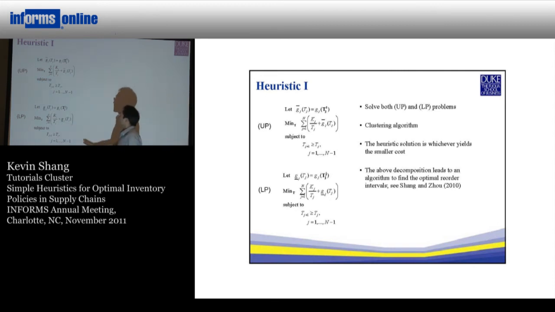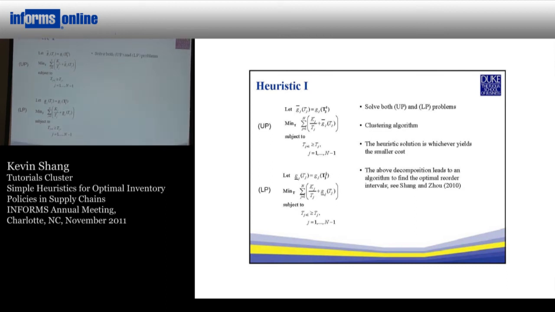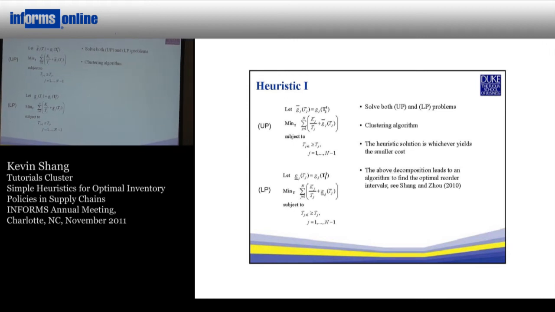And again, I can relax the constraint, become the inequality, and then I can solve it. We can solve both the upper bound and lower bound problem, and we apply the clustering algorithm again, and then the heuristic solution, we just pick whichever yields the smaller cost.